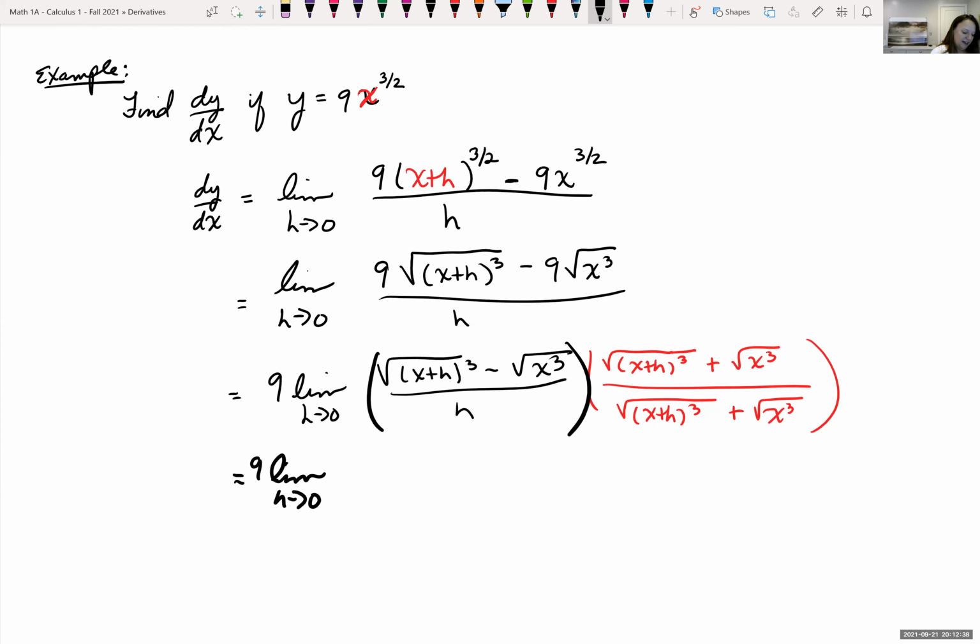Squaring the first term, I'm left with (x plus h) quantity cubed, minus x cubed, all over, and I'm not going to distribute anything, h times the square root of (x plus h) quantity cubed plus the square root of x cubed.